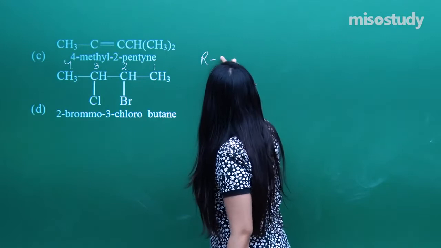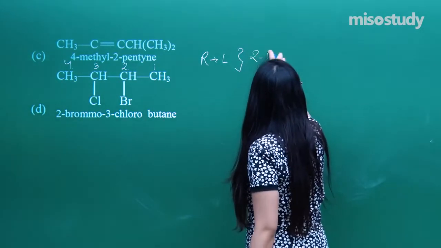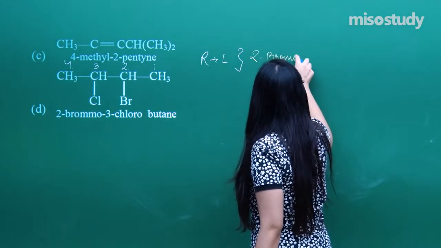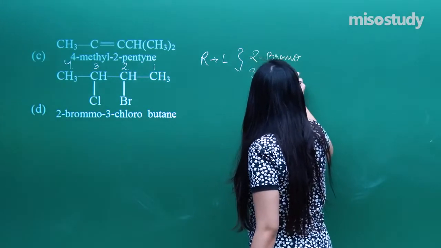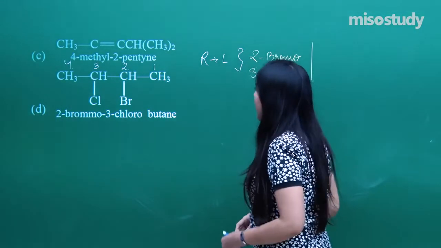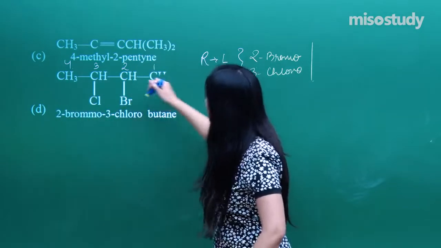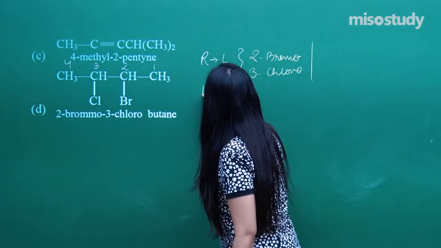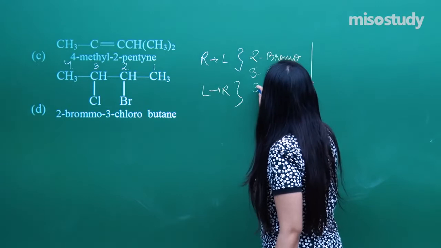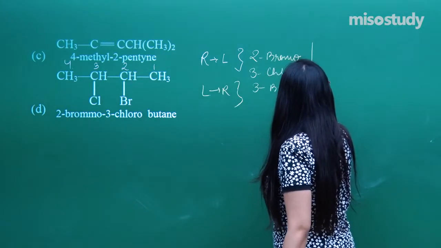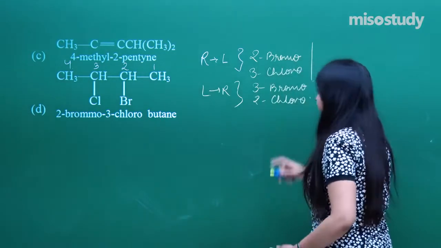So if I go right to left, there would be 2-bromo and 3-chloro. But if I go from left to right, it would be 2-chloro and 3-bromo. So what is the correct possibility?